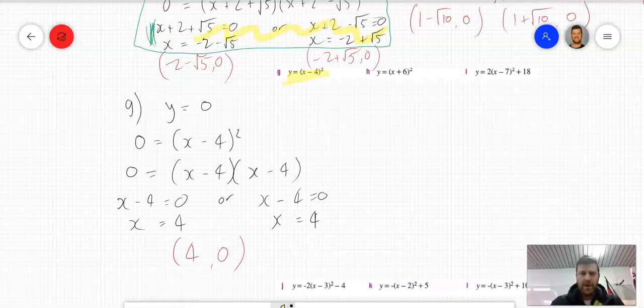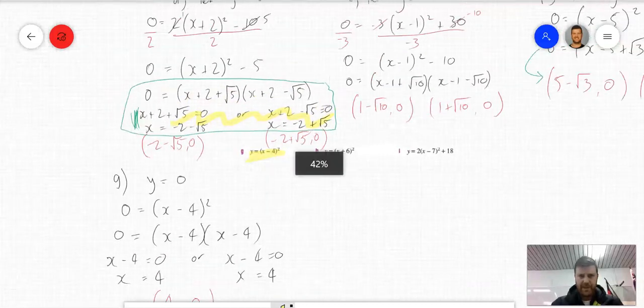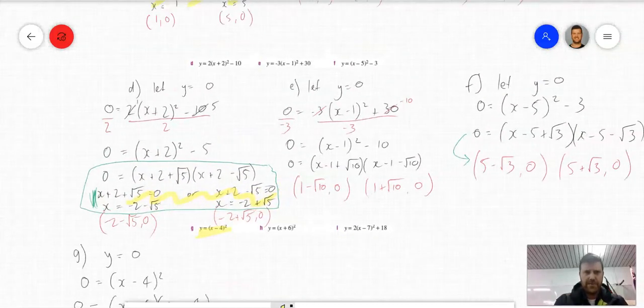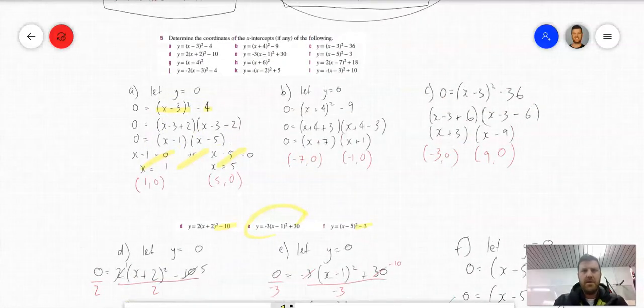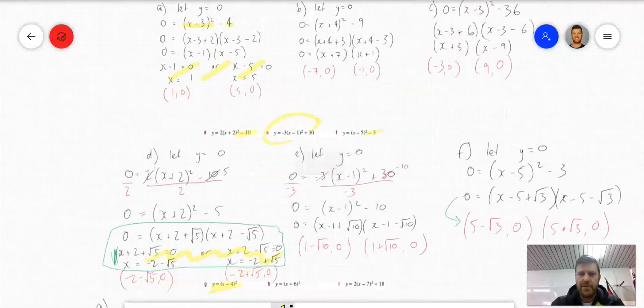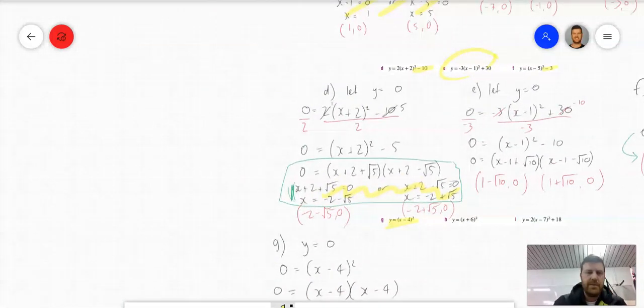Alright? So the first 6 examples we did, if you look at those values, and maybe not this one, that one was a little bit different, but here, here, here, and here, the values of k were all less than 0, and we ended up with 2 intercepts. So this is a good way to think of it.